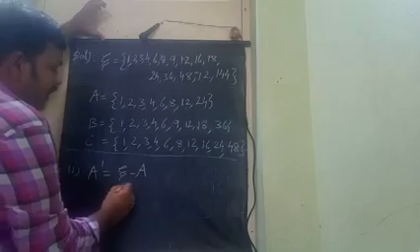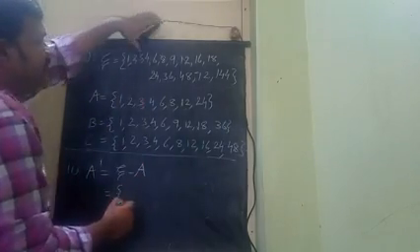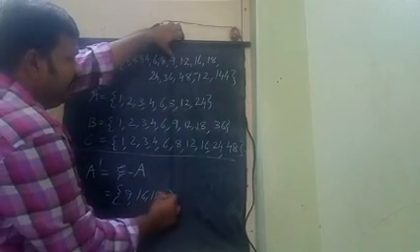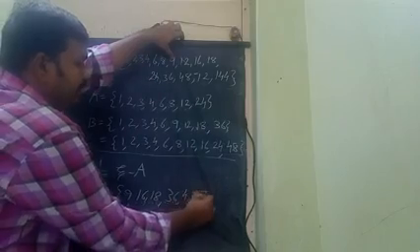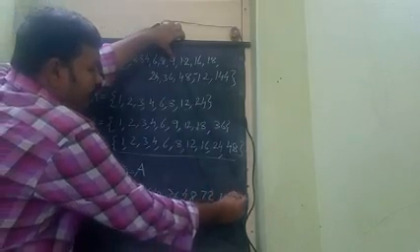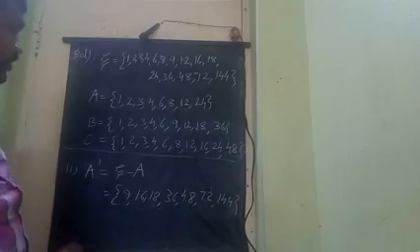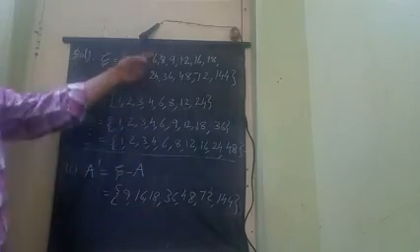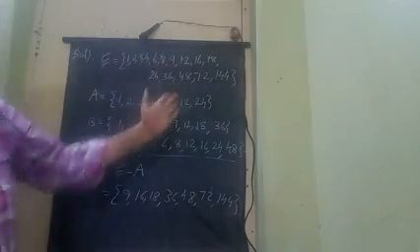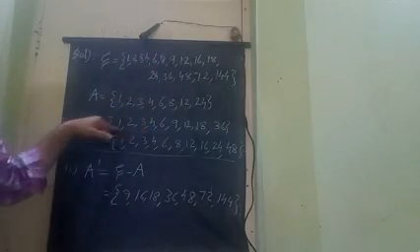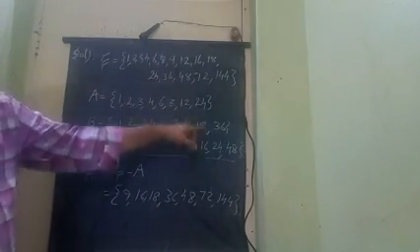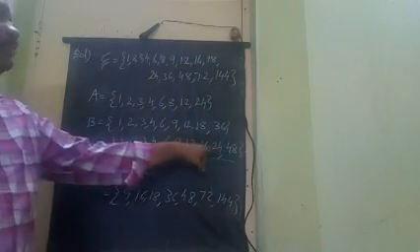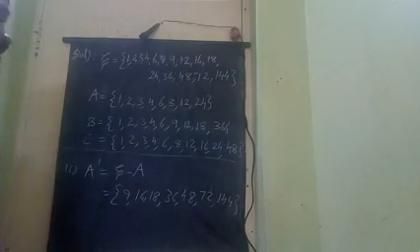The A dash values remaining in the universal set are 9, 16, 18, 36, 48, 72, 144. So this is A dash. Like that, B dash and C dash we also have to find. Starting from the universal set, you strike off and what remains in the universal set is the dash set. Here you take out B and cancel 12, 18 and 36, which gives B dash. If you cancel 36, 24, 48, then it gives C dash.